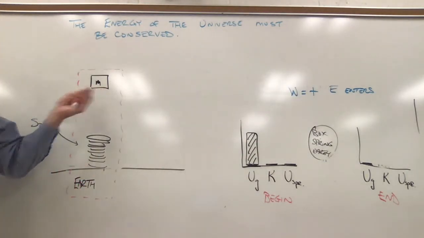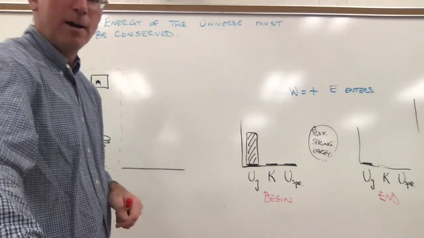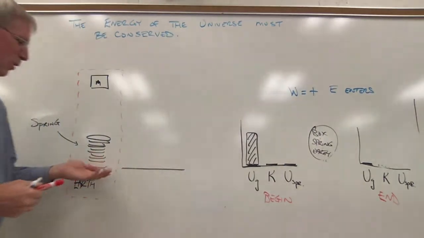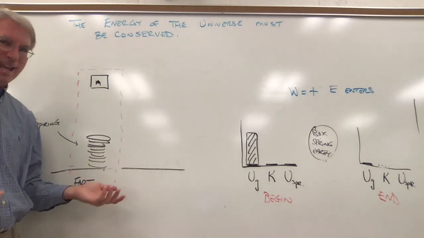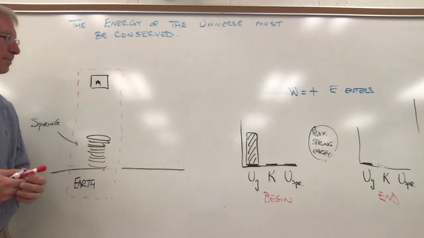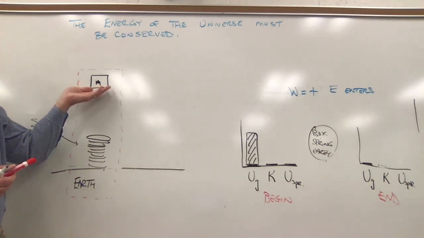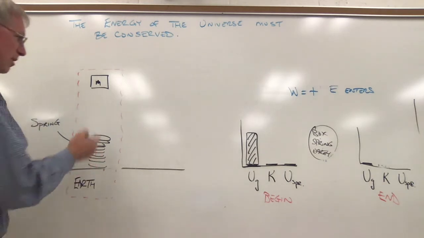Nothing is moving at this point, so my kinetic energy is 0. Nothing is stored in the spring. The spring is just sitting there. It's in its natural springy state, whatever that is. So there's no energy of that spring. And now I'm going to let go of the mass. And the mass is going to fall down.